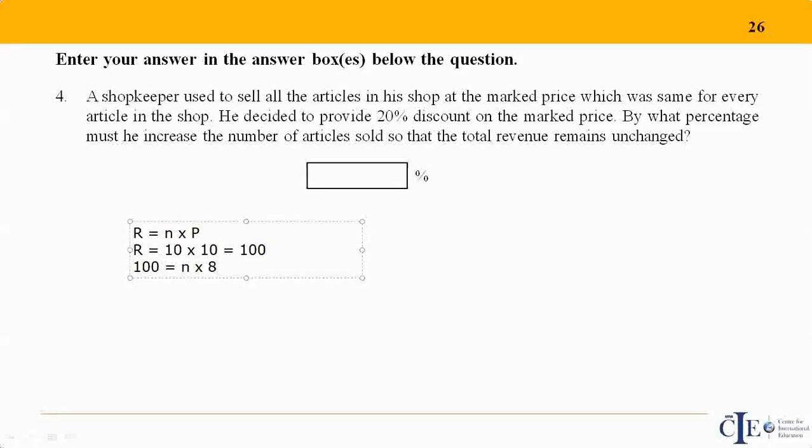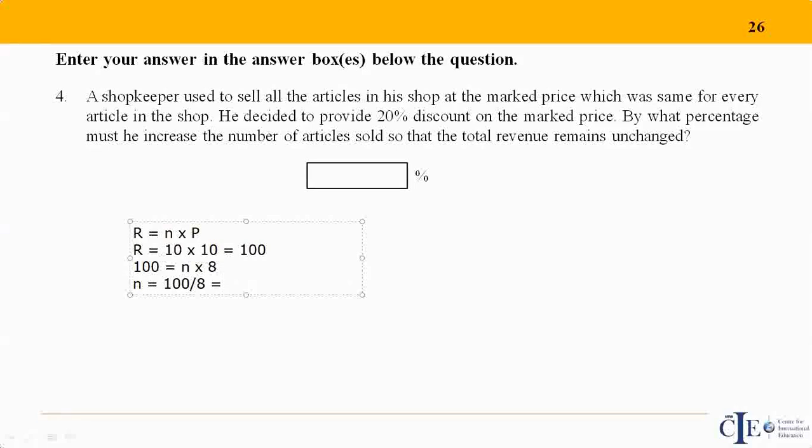So that would give us N equal to 100 divided by 8. 100 divided by 8 is how much? By what percent must he increase his number of articles sold? N should be 100 by 8, isn't it?